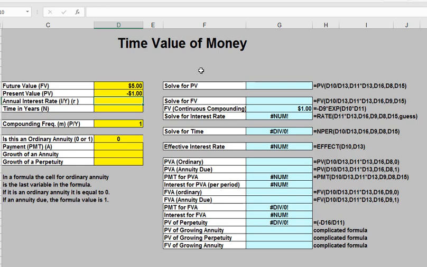So let's say you can earn 10%. If you plug in 10% for the interest rate, it will tell you that it will take roughly 16.89 years to grow from $1 to $5.